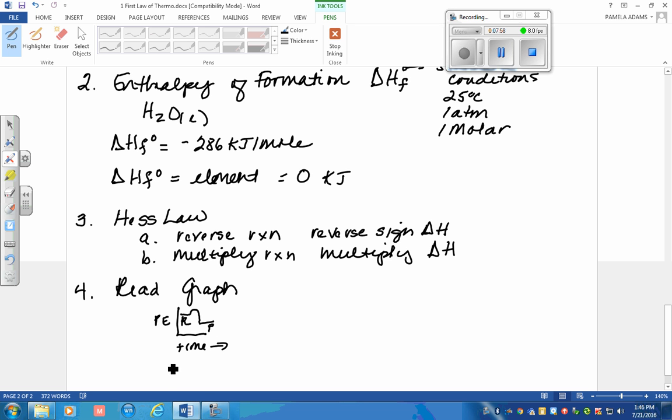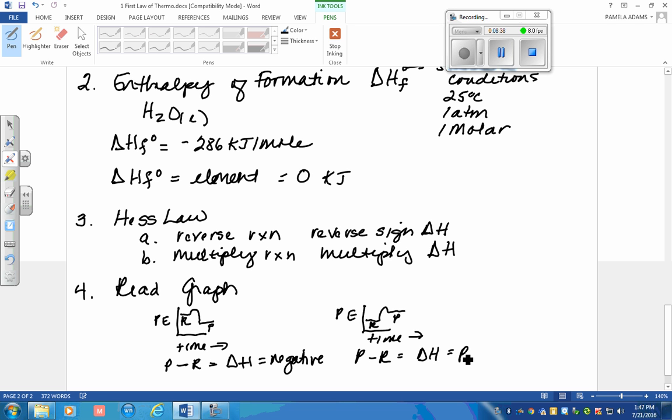All I would do is subtract the products minus the reactants, and that would give me delta H. This is an exothermic reaction, so the products having a lower potential energy than the reactants would always give me a negative delta H value. If, on the other hand, I have an endothermic reaction, where this is the products and this is the reactants, this is time going forward, I would still subtract the products minus the reactants, only this time delta H would be a positive number.